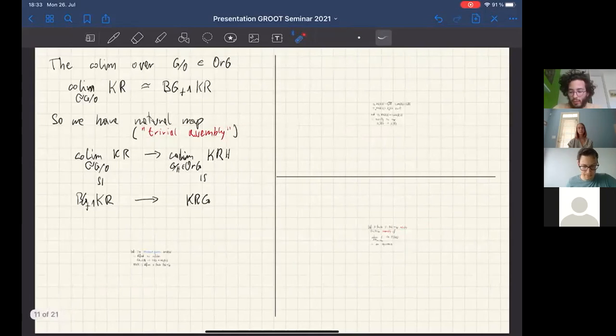Okay. And then there's also a really trivial case, but that's important sometimes. If you just take the colimit over the object G mod 1, which has exactly G as the automorphisms of it, then you get that the colimit over this is BG plus smash KR. The reason for this is that on KR itself, the group action is trivial.